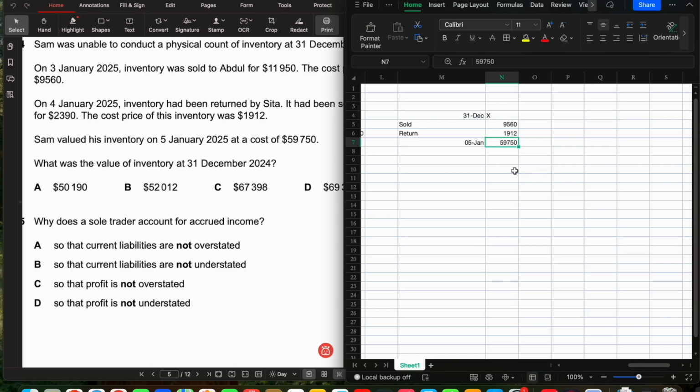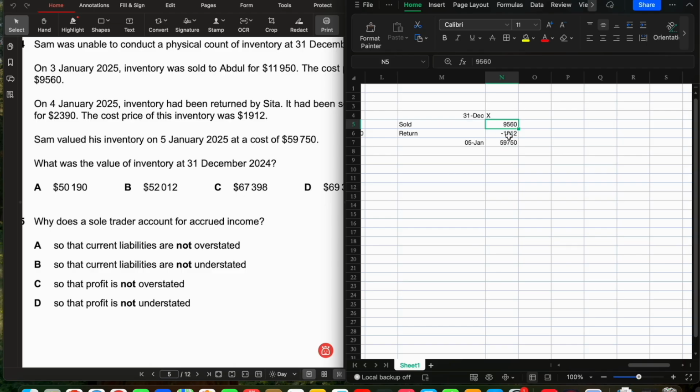So now let's go in a reverse process. This is the value that we have after these two transactions, but we would not know that Sita would return the product, so we'll still consider this as sales, and this cost of inventory is not with me and is with Sita. And the sales that happened after 31st December, on this day I would not know that I would make a sale on 3rd for 9,560.